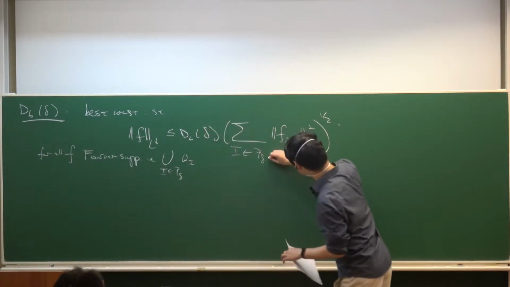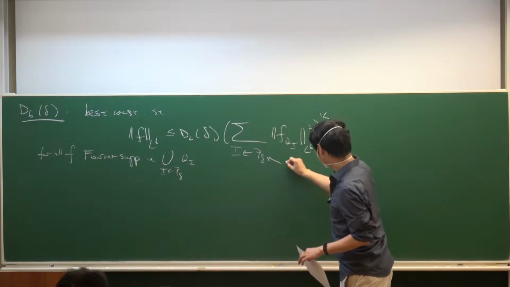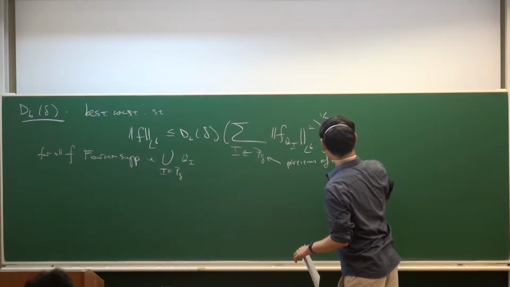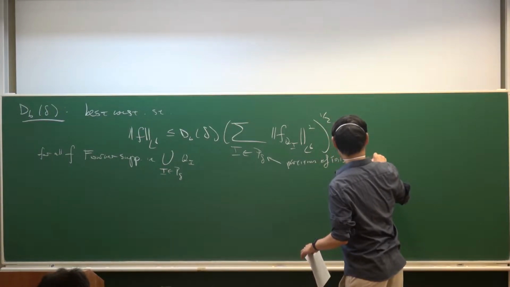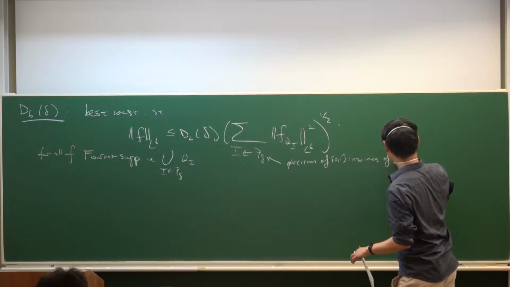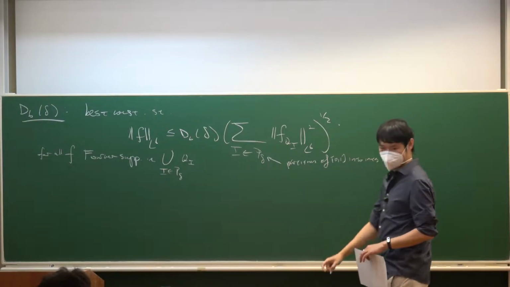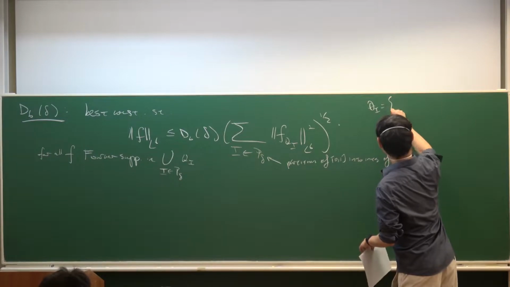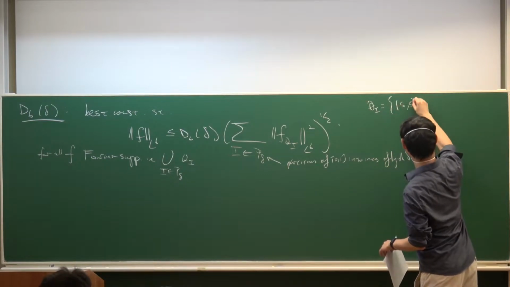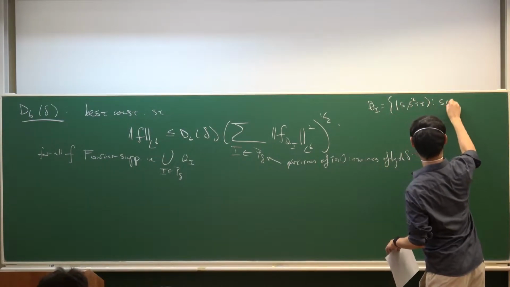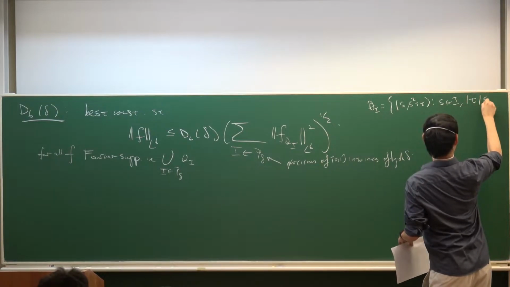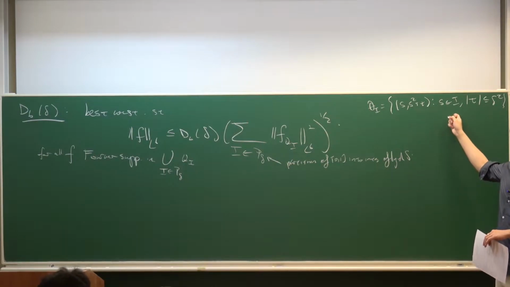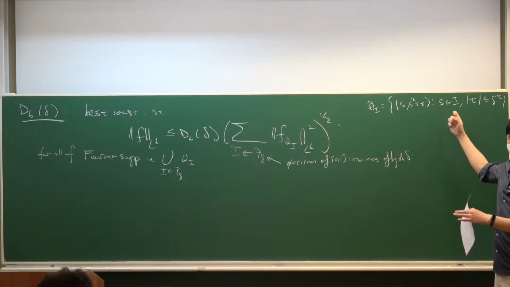Remember this guy over here, this is the partition of [0,1] into intervals of length delta. And what's theta I? By notation, theta I is just the delta squared neighborhood of the piece of parabola above I. Of course, this isn't the only neighborhood of the piece of parabola above I that you could define, but it's the convenient one.